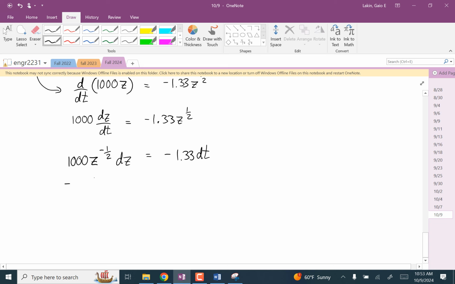No, I'm doing it the other direction, so it's -751.88 times the integral from 2.5 to 0.9 of z to the -1/2 dz is equal to delta t. And so that should do it.